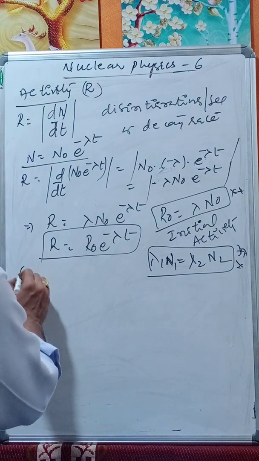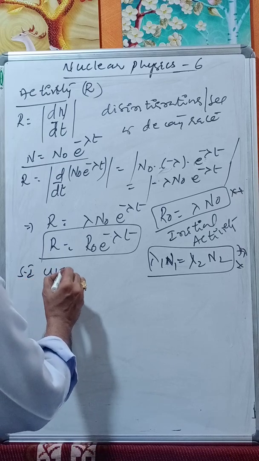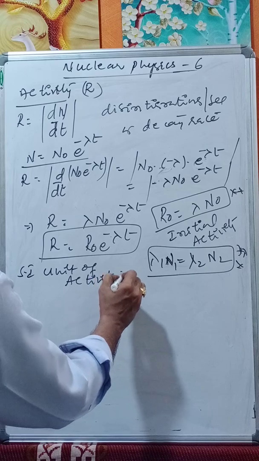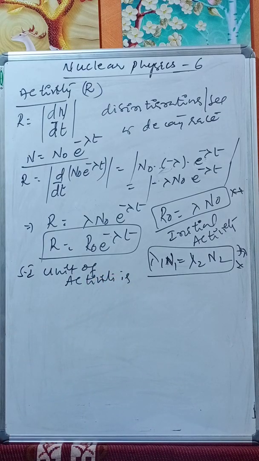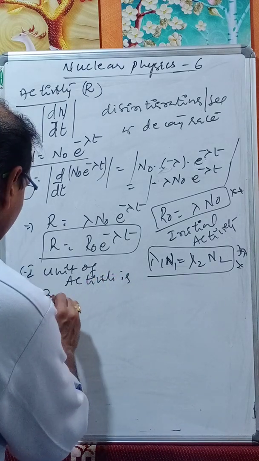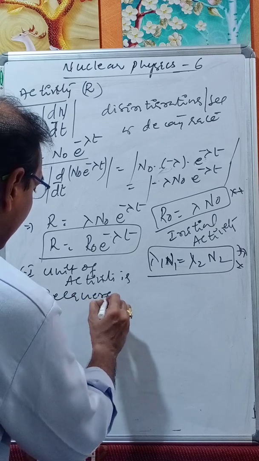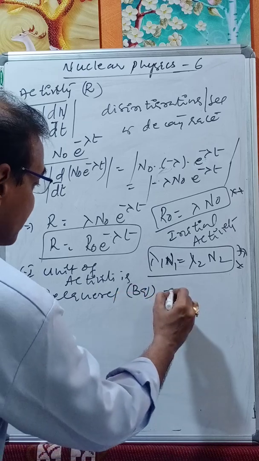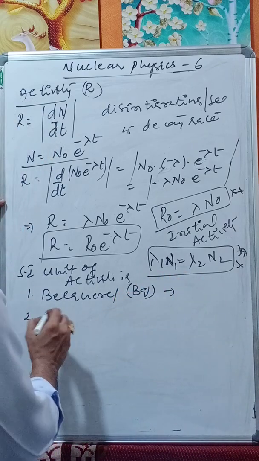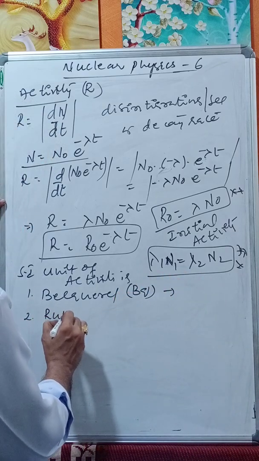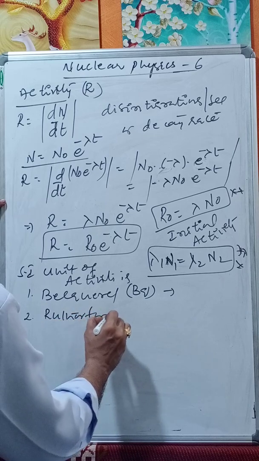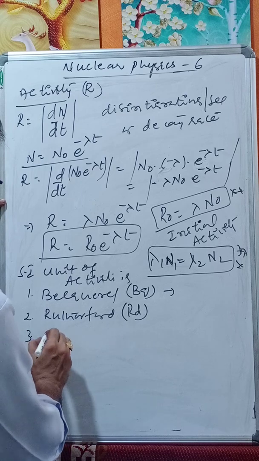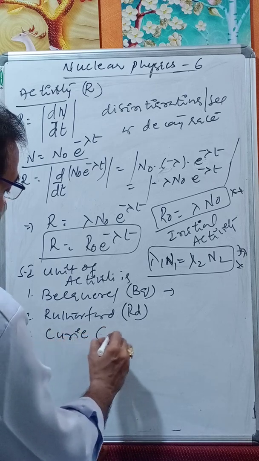Now, what is the SI unit of activity? The SI unit of activity is becquerel, Bq. Becquerel means disintegration per second. Number 2 is Rutherford, Rd, and third one is Curie, Ci.